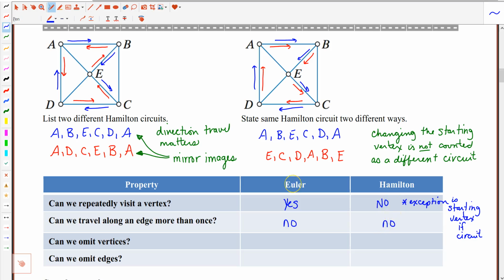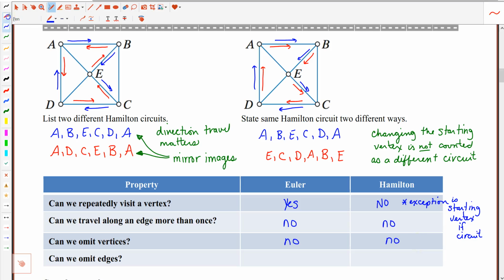For Euler graphs, can you omit vertices, which basically means you don't go to a particular vertex in the graph? No, you cannot. As part of grabbing all of the edges, you have to then hit all the vertices. For Hamilton graphs, can you omit vertices? No, that's the foundation of these Hamilton graphs, is that you have to go to all the vertices.